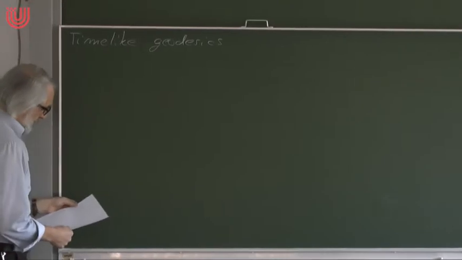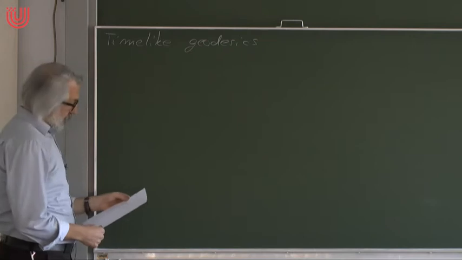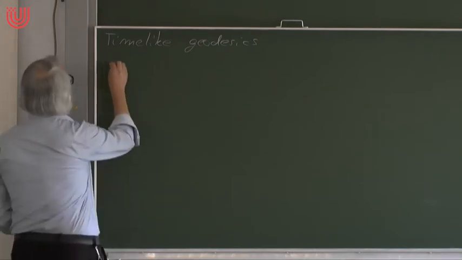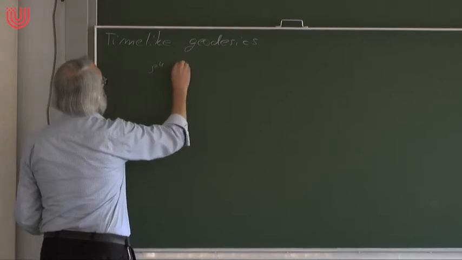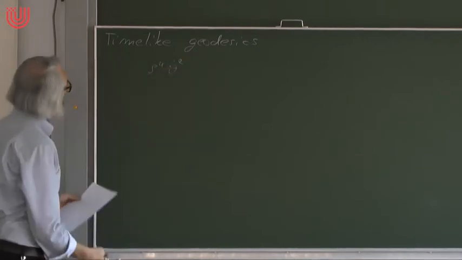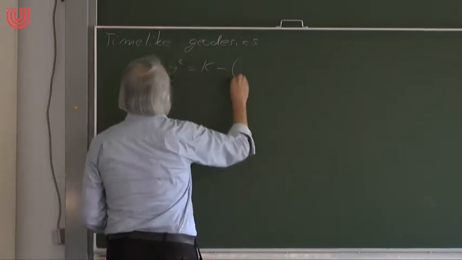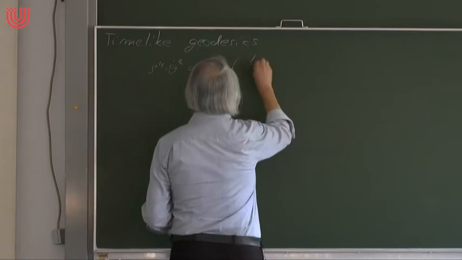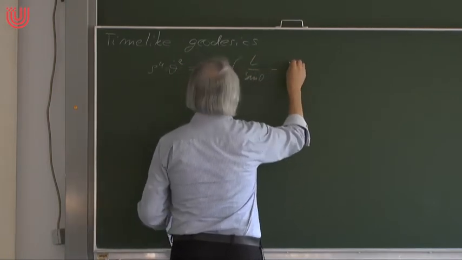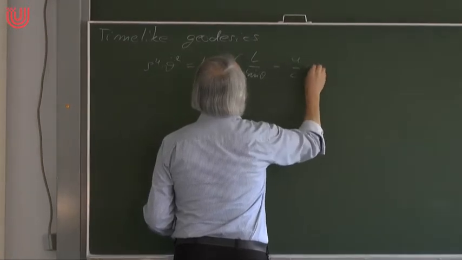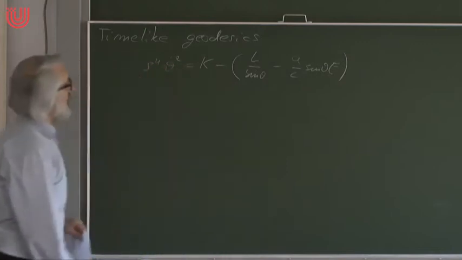What you will need for the discussion today is the theta and the r component of the geodesic equation, now for time-like curves. So we had this expression, rho to the 4 theta dot squared, then the same term which we had for the light-like geodesics, minus A over C sine theta E. So that was it for the light-like geodesics.